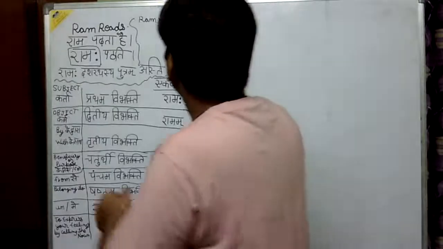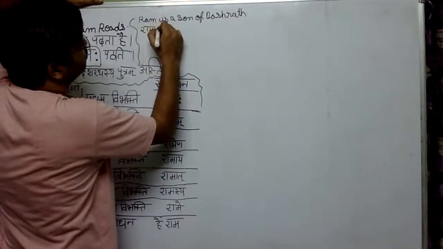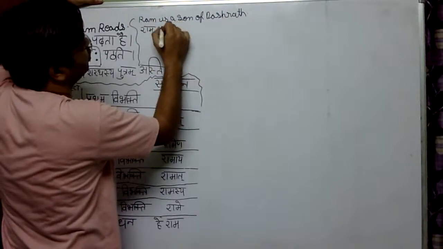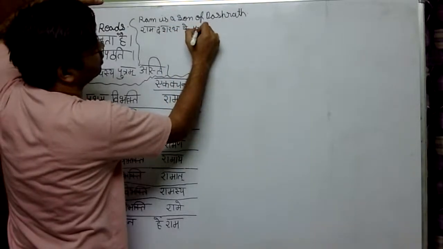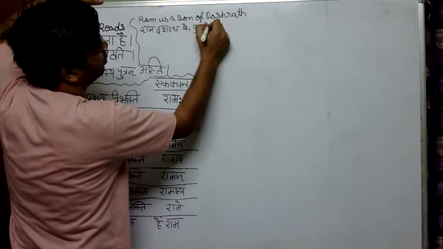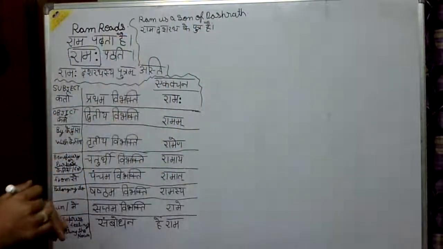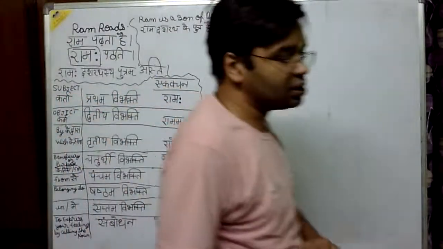And in Hindi, we say Ram दशरथ के पुत्र हैं, or दशरथ का पुत्र है. ठीक है. राम दशरथ के पुत्र हैं.